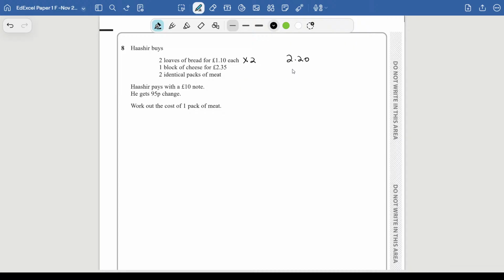And a block of cheese is 2.35. So that's 4.55 in total for these 2 items. And for 2 identical packs of meat, we have to find that. He pays 10 pounds and he gets back 95p. So to get the amount spent, you need to take away 95p from 10. You get, so this is 9.